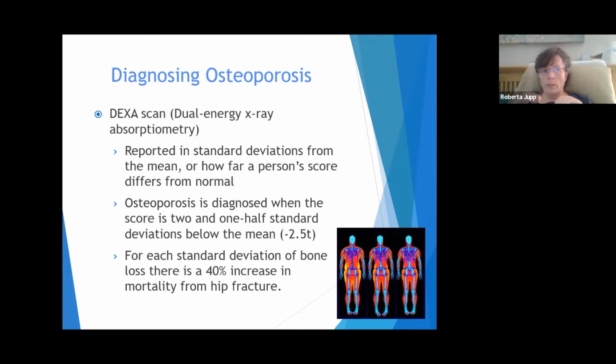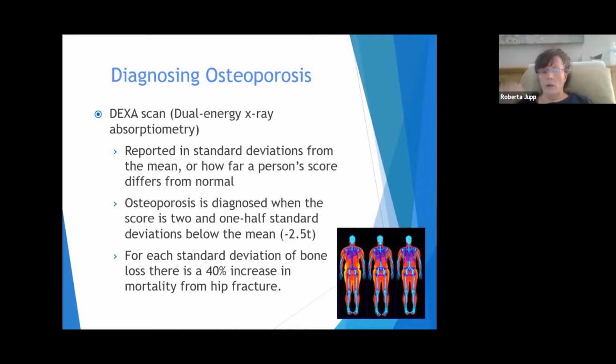And if your bones are stronger than that median or that 0, then you're a positive number, like a +1 or a +2. But if your bones are not quite as dense as the standard number, then you get a score of a -1 or a -2.